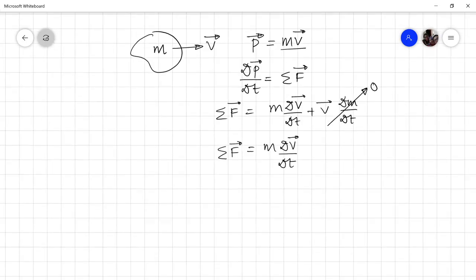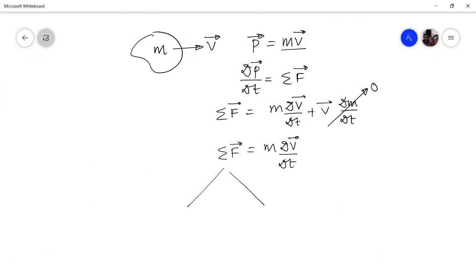Now when we talk of forces, you can divide them into two parts, that is body force and surface force. As I have already discussed, the body force is that force which acts on the totality of the system, on each and every particle, that is gravity force, electromagnetic force, and so on. This force doesn't come in the domain of fluid mechanics.